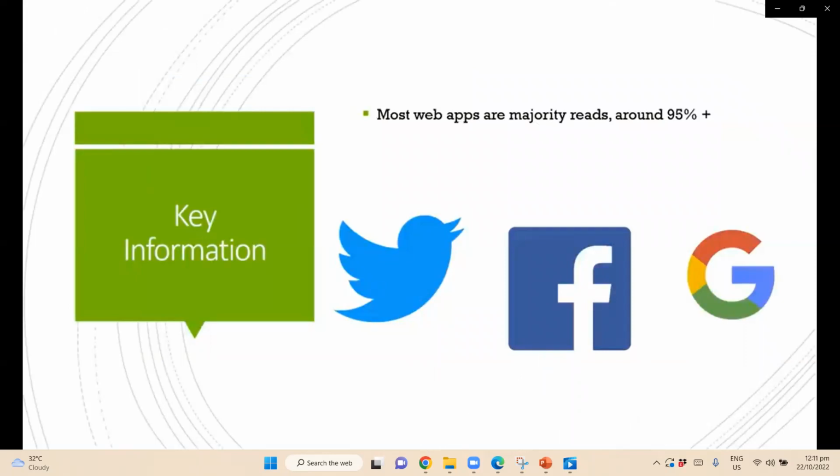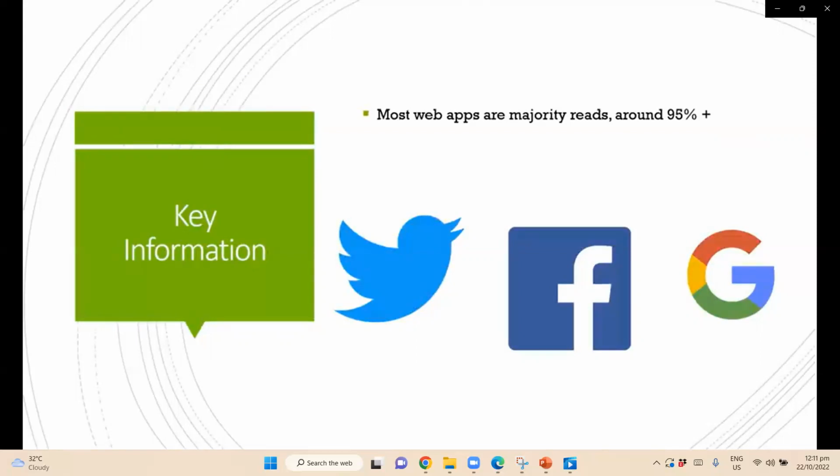A key piece of information to keep in mind when you're planning out how to scale your database is that most web apps and applications in general are very read heavy. It's usually around 95%. And if you think about that, something like Twitter, one large account, they write once to the database to create a tweet, but that one tweet can be read and retrieved from the database millions of times.